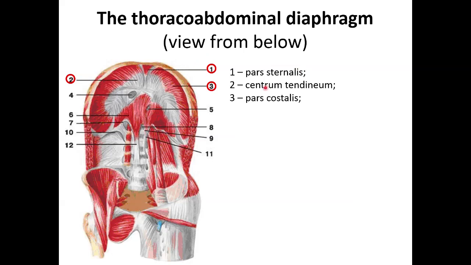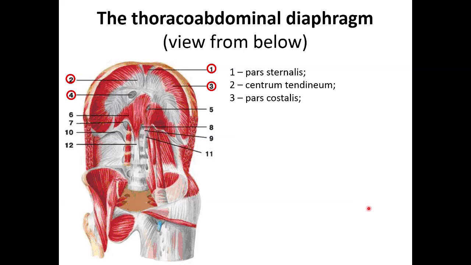So, pars sternalis, the first, pars lumbalis, and pars costalis, which originates from the ribs, from 7th till 12th. This is the largest part of musculus phrenicus, pars costalis, which is laterally placed.